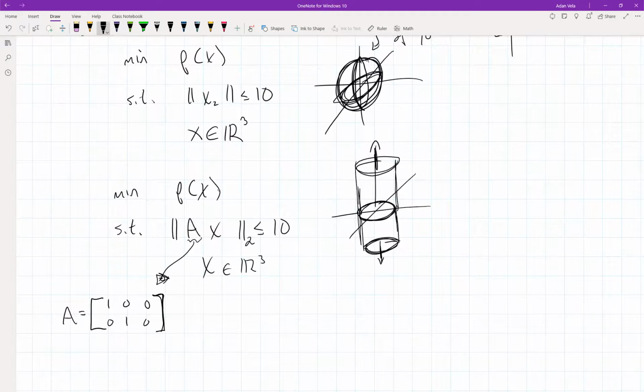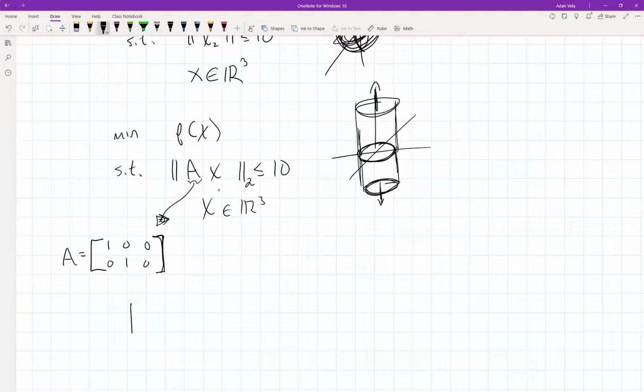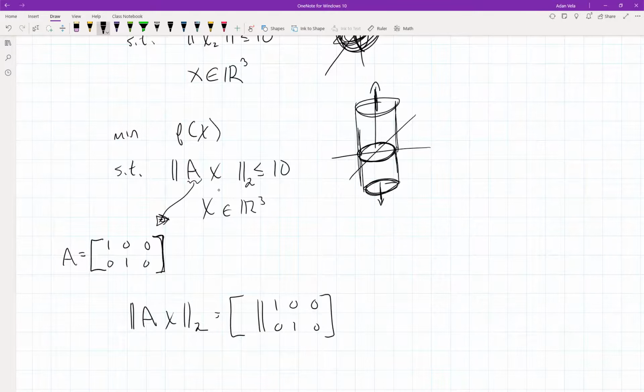And in fact, if you go through and do the multiplication, you'll see what ends up happening as you drop out the third dimension. So let's say we want to do Ax and take the L2 norm. That's the same thing as saying the matrix 1, 0, 0, 0, 1, 0, multiplied times x1, x2, x3.